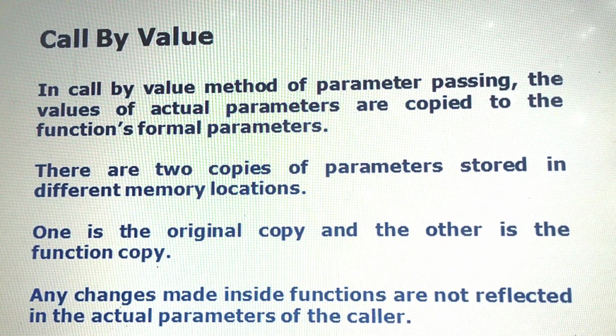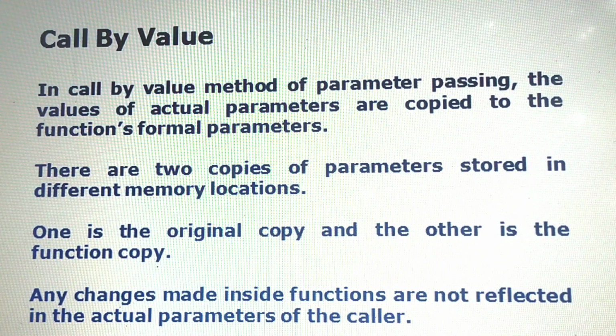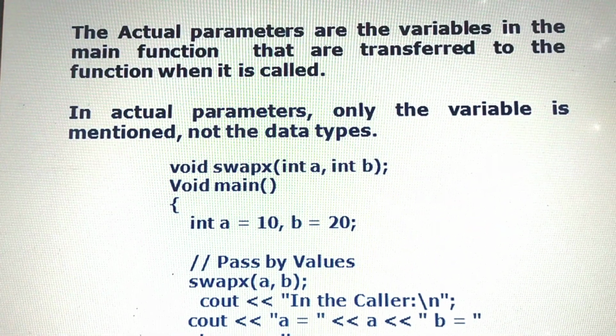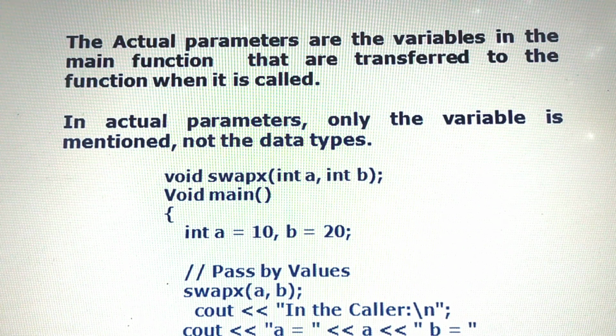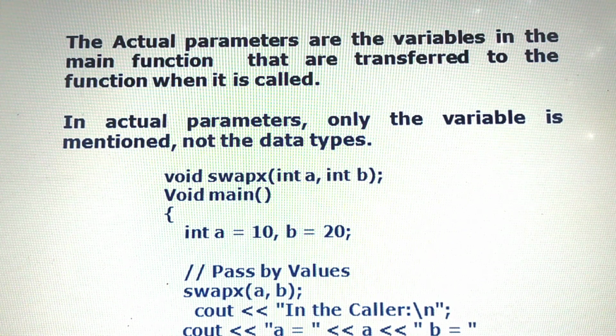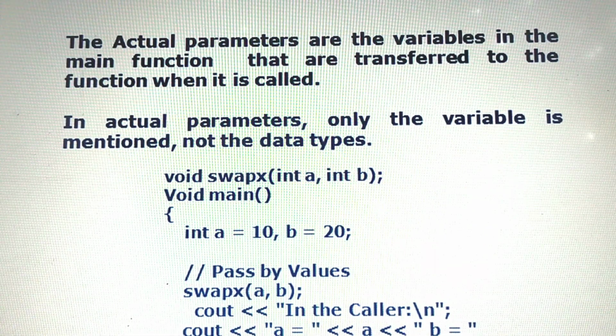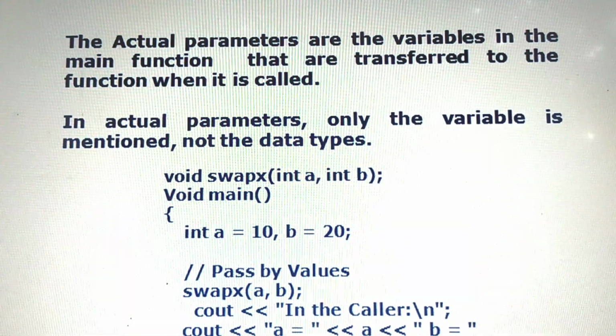What are actual parameters? What are formal parameters? The actual parameters are the variables in the main program that are transferred to the function when it is called. When the function is called, these variables are transferred to the defining section of the function. The calling function with these arguments, these are called actual parameters.